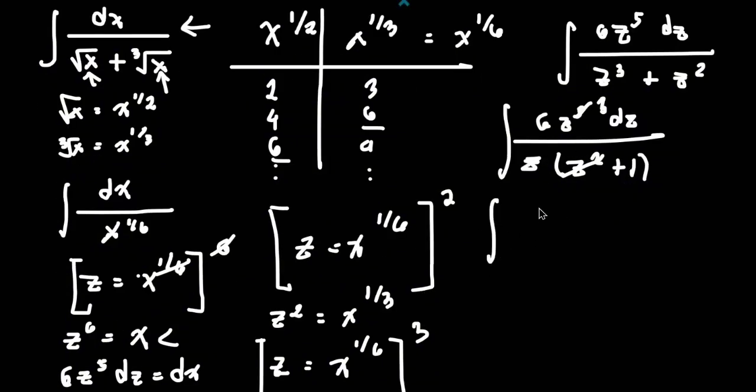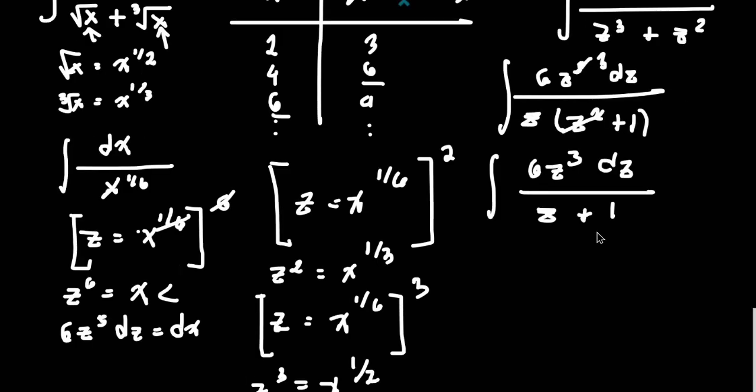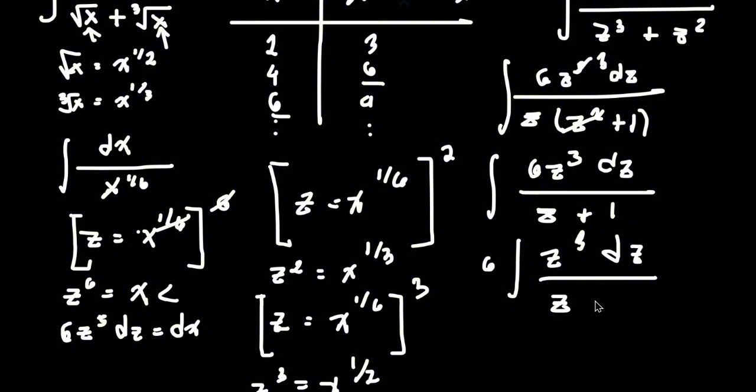And now the new equation would be the integral of 6z^3 dz over z plus 1. And since we have a constant inside, I could bring it to the outside. So this would be equal to 6 times the integral of z^3 dz all over z plus 1.